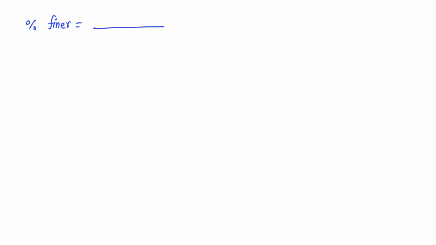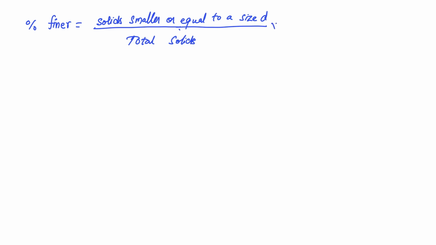So it is the solids equal or smaller than size d, to the total solids. If you multiply that by 100, you get the value in percentage finer. That is the percentage of solids that are equal or smaller than a given size. So we can write the formula for percentage finer like this.